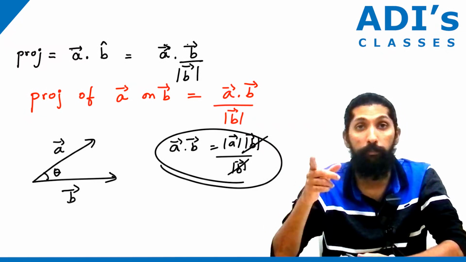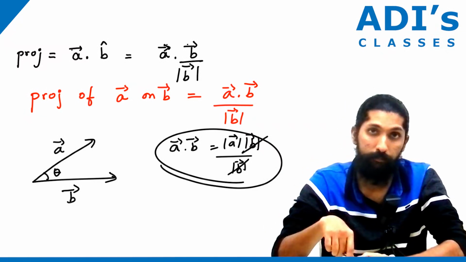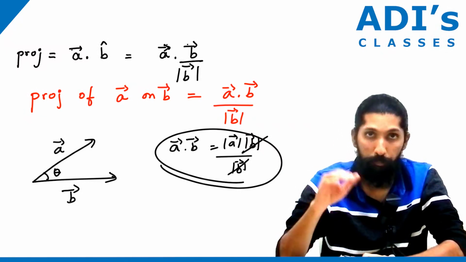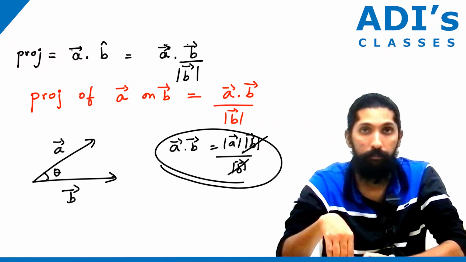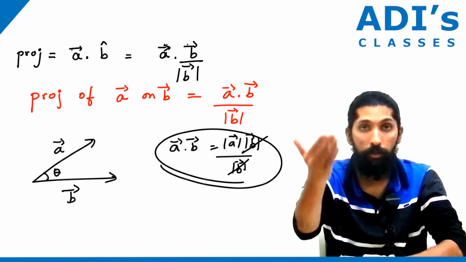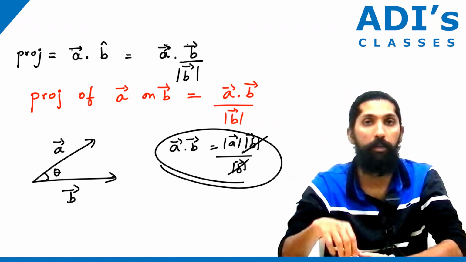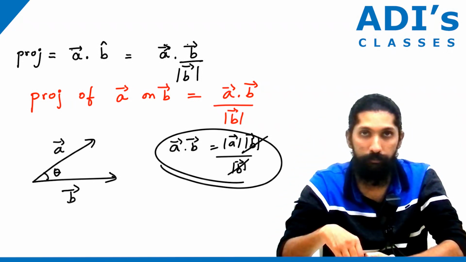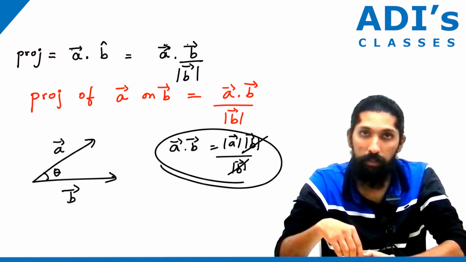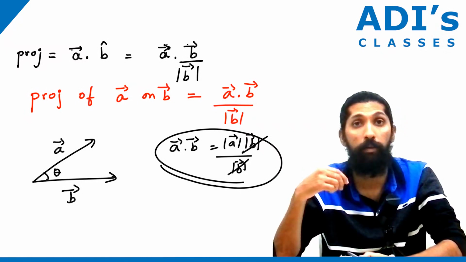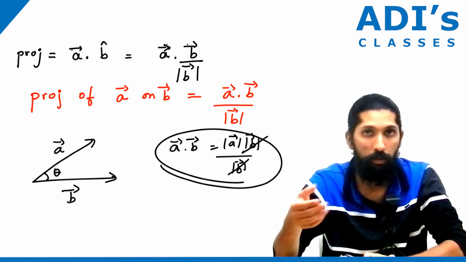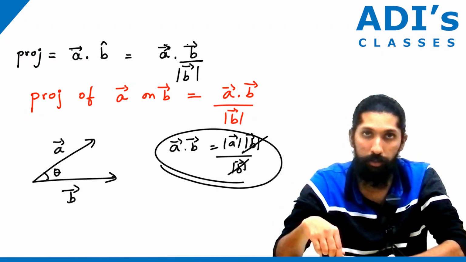Now, if theta becomes 180 degree, then the projection is on the opposite side. Assume the light is in front of you, so the shadow will be behind you. Clear? So these are the three cases we have: the full projection, no projection at all, and the opposite projection.